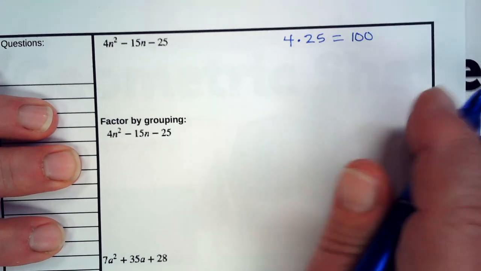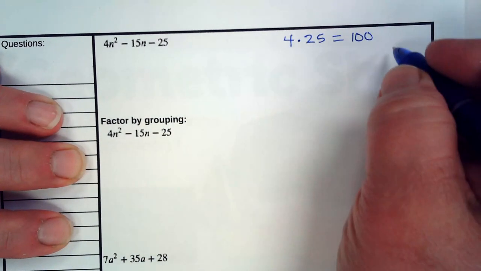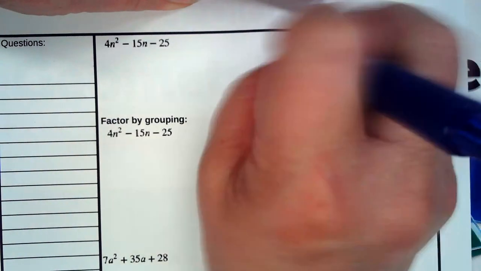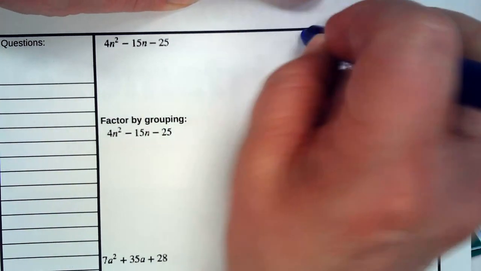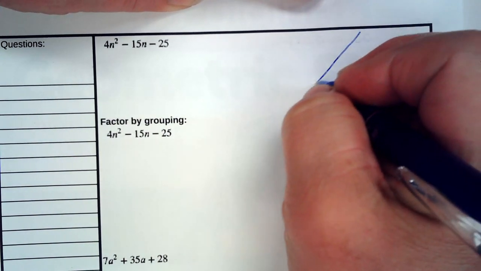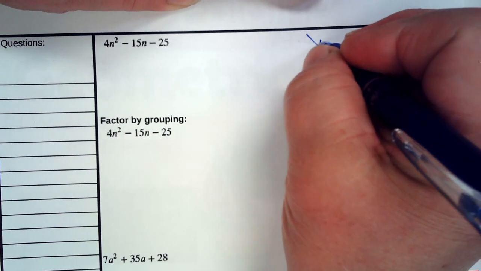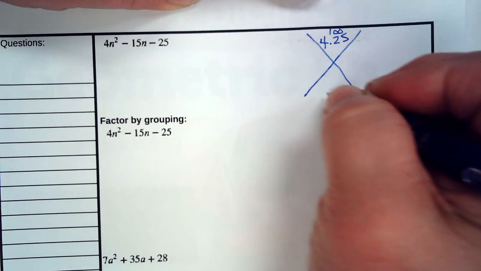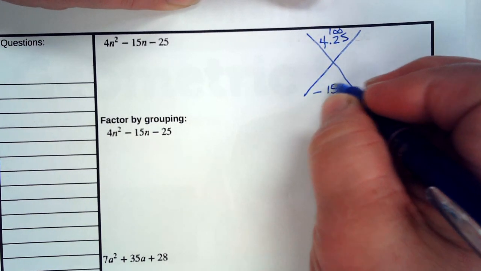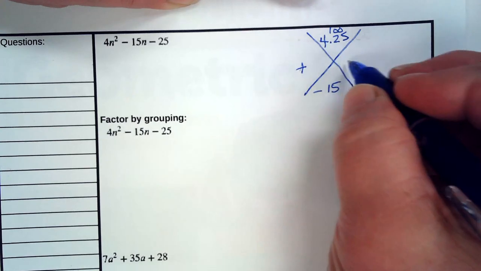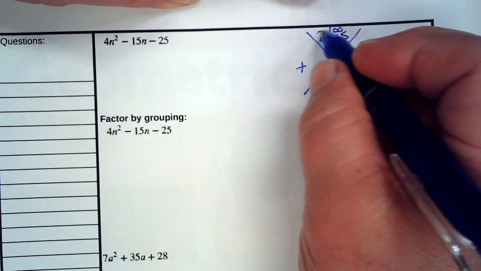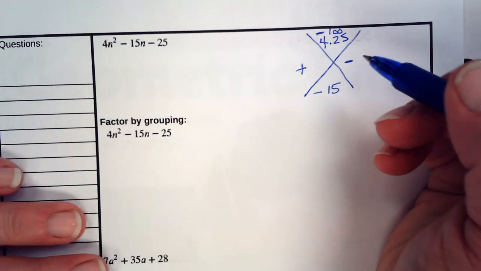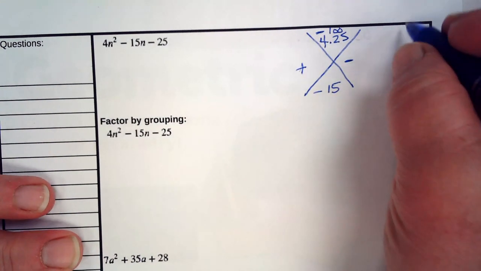So, if we use the way we did before, I forgot that we were going to do it both ways. So I need to make my little diamond up here. 4 times 25 gives me 100. This is negative 15. I know that one has to be positive and one has to be negative because this is a negative 100. What are my factors of 100 that differ by 15?